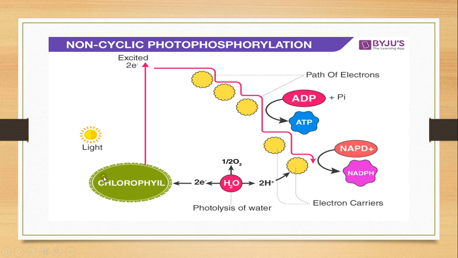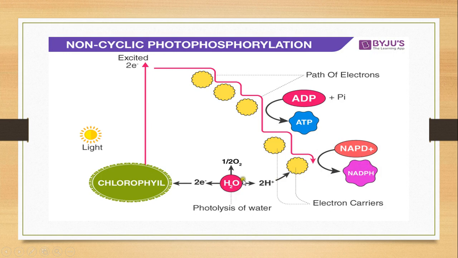So chlorophyll excites electrons in the presence of light, and these excited electrons follow the path of electrons towards the carriers, and these carriers produce energy in the form of ATP and also form a molecule, NADPH. This is the reduced form which is able to oxidize and provide energy.